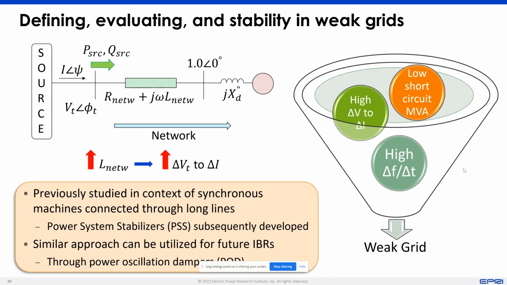And as we showed in the introductory slides, just looking at how the inverter-based resource control is going to continuously try to track the position of the grid and so on.